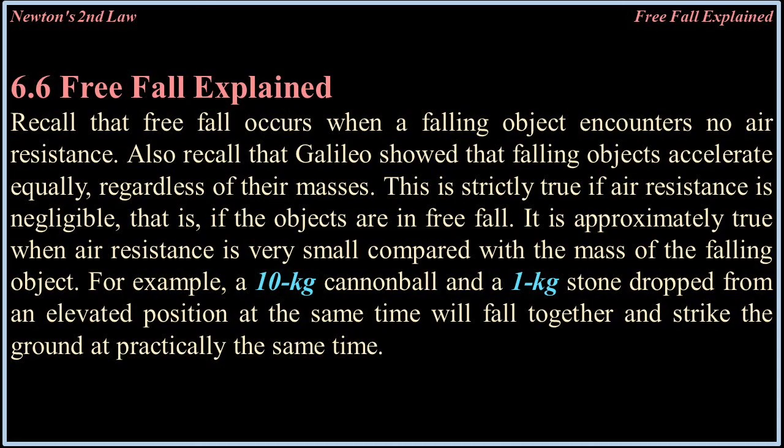It is approximately true when air resistance is very small compared with the mass of the falling object. For example, a 10-kilogram cannonball and a 1-kilogram stone dropped from an elevated position at the same time will fall together and strike the ground at practically the same time.